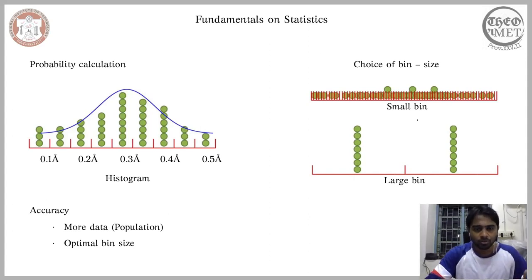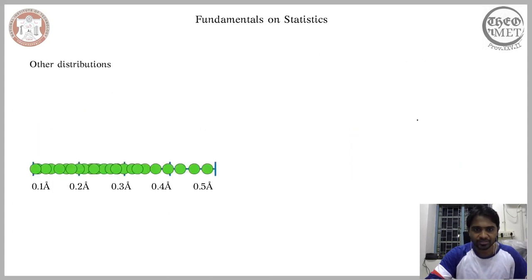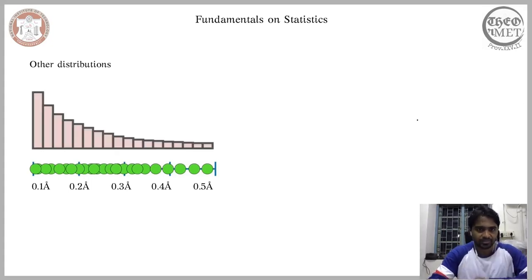Now, before winding this lecture up, let us just get an idea of what other distribution curves are possible. We consider the same experiment, the same problem, and now we have a population of different lattice parameters arranged on a scale in this manner, and when you fit a histogram to it, the distribution looks something like this.